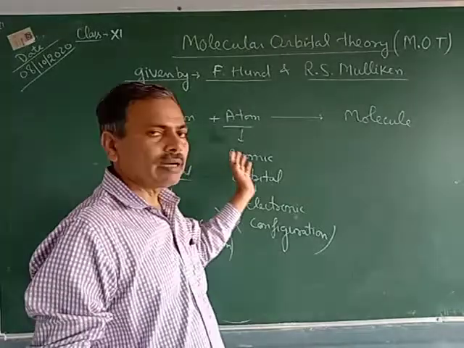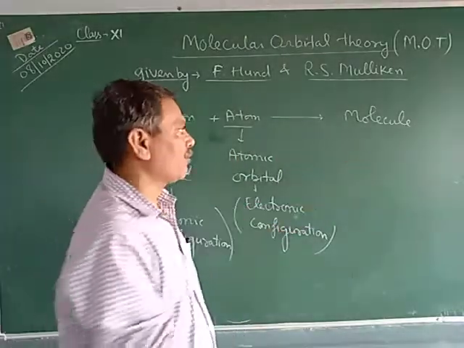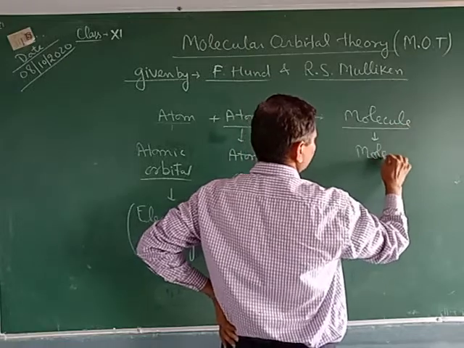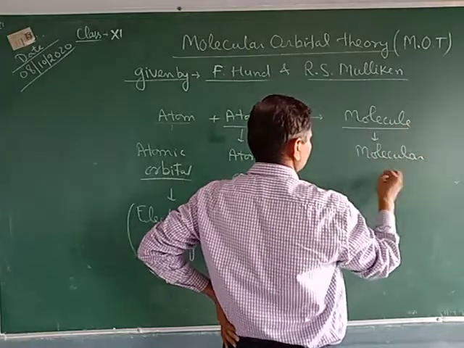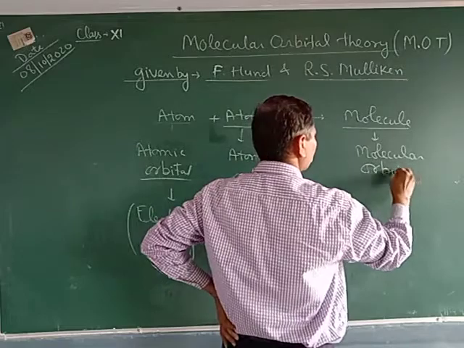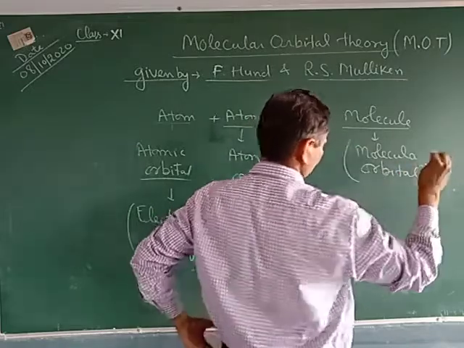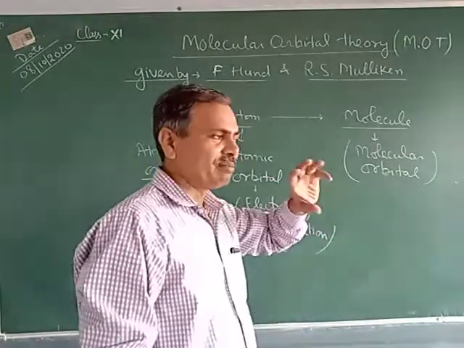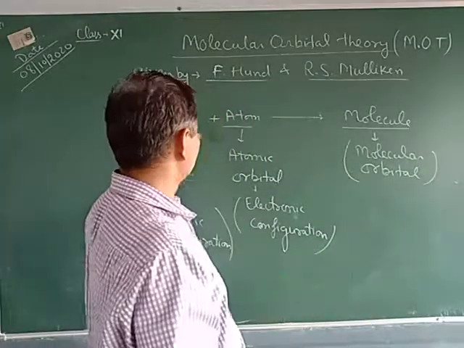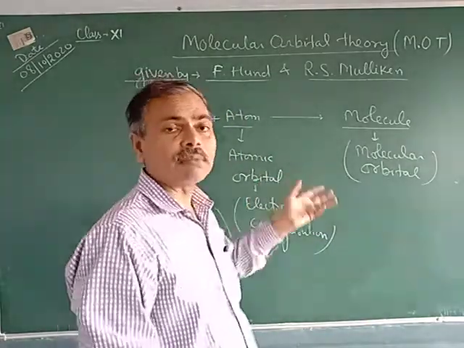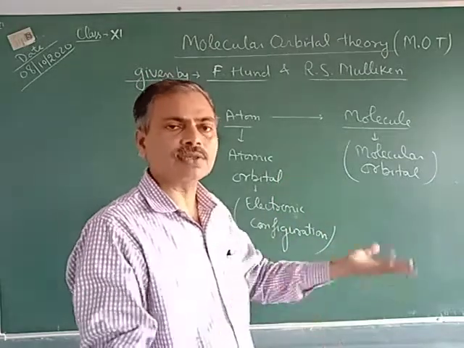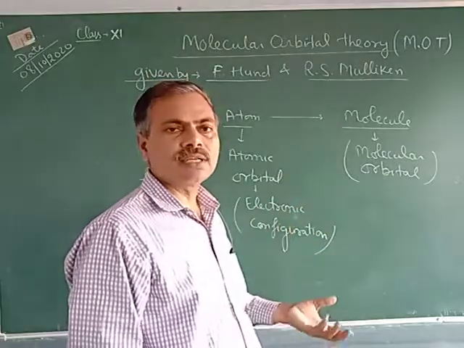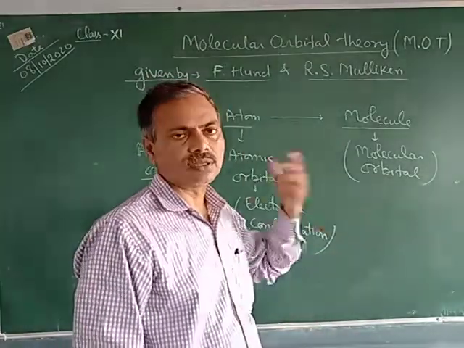But when atoms combine to form a molecule, they form molecular orbitals. In the case of a molecule, there are many nuclei, because two or three atoms combine to form the molecule. It depends upon the molecule.